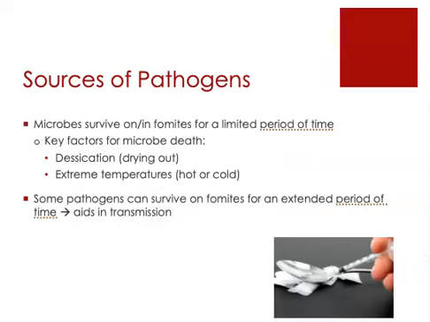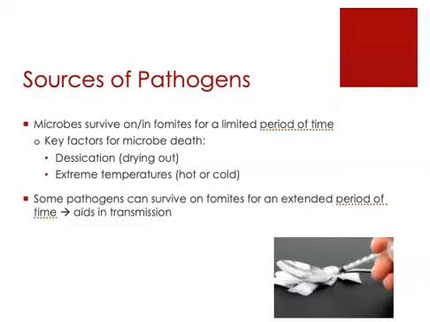Unfortunately, a lot of microbes can survive on fomites for an extended period of time, but other microbes are only capable of surviving on these inanimate objects for a limited amount of time. What will determine how long a pathogen can survive on a fomite is typically whether or not that pathogen is alive, whether we're talking about a bacterial pathogen or a viral pathogen.